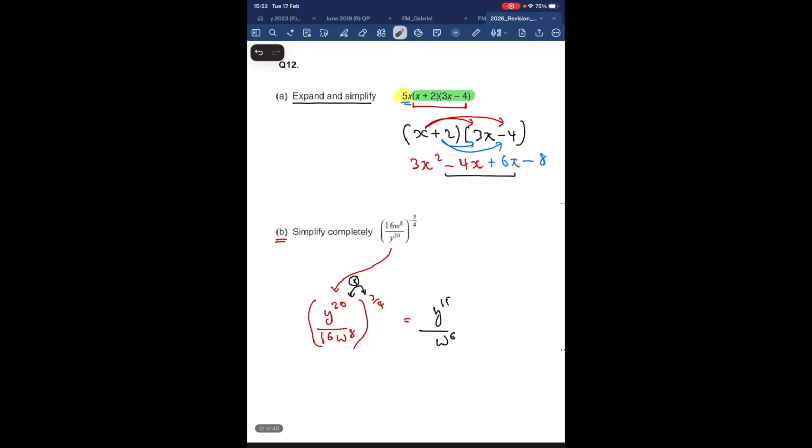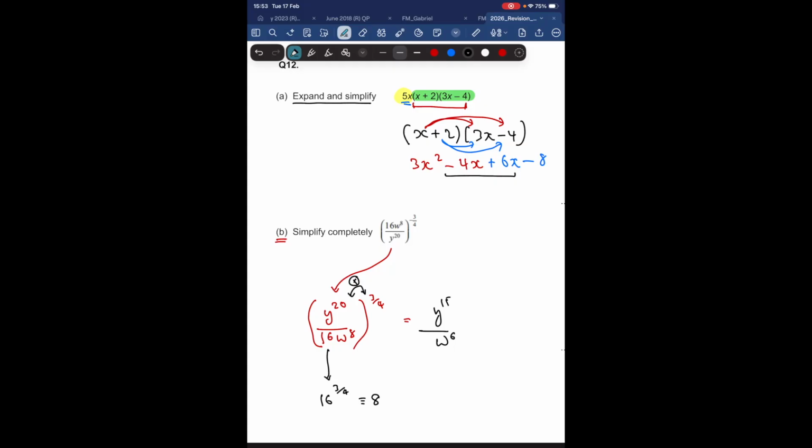Now, we have to be careful when we're dealing with the 16. The 16 is not a power. It's just a normal number. So we need to work out 16 to the power of 3/4 on the calculator using the power button. That's going to give you 8.